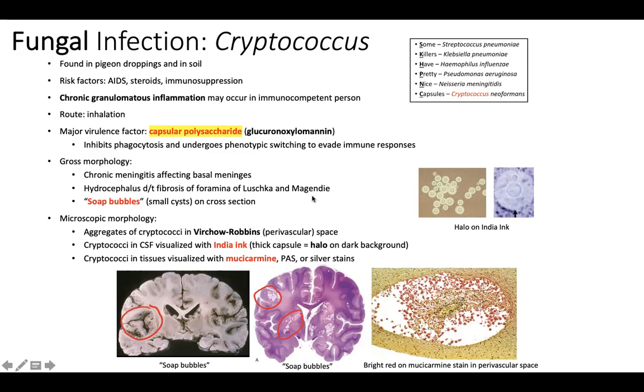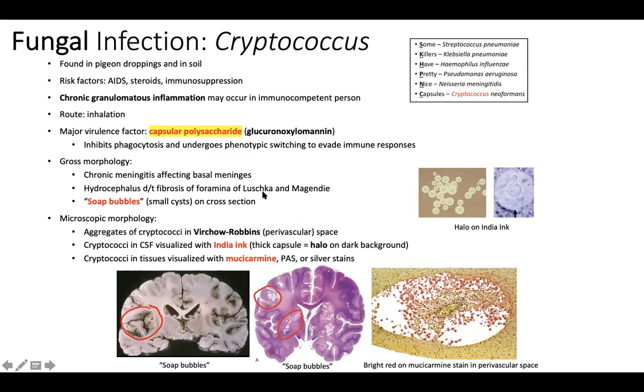The gross morphology kind of looks like soap bubbles. So if you look up really close, it kind of does look like bubbles. I know that's like soap bubbles. They said that a lot in histology, but I think it kind of does look bubbly, or sort of like Swiss cheese, maybe.